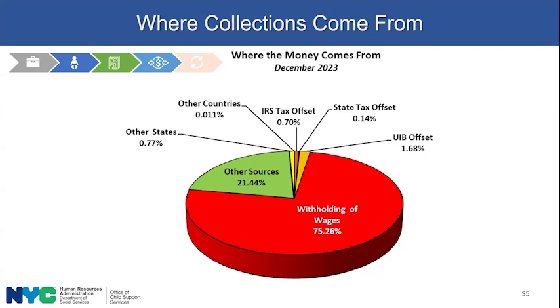Other sources include direct payments made by the NCP who's self-employed, and other enforcement actions. You can see we also take funds from tax refunds, IRS tax offset, state tax offset, and unemployment benefits are also subject to withholding. But the bulk, three-quarters of what we bring in each year, comes from withholding of wages. Next slide.